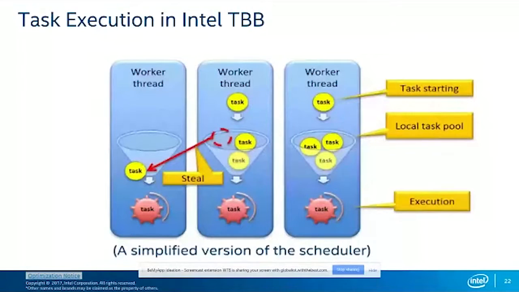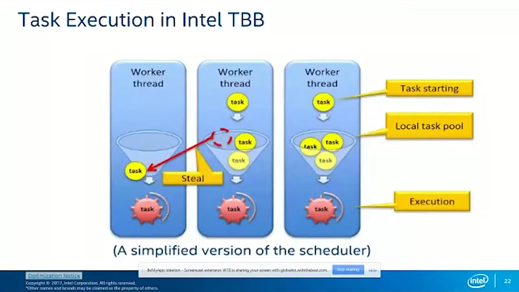So as we just talked about before, in TBB we have introduced a concept called task. If I want to write my parallelization code with TBB, what I need to care about is only the high-level tasks. I can divide my work into many small tasks. Internally, TBB has a task scheduler, and the TBB task scheduler will map your high-level tasks into low-level threads. Here we are showing that we have 3 worker threads, right?